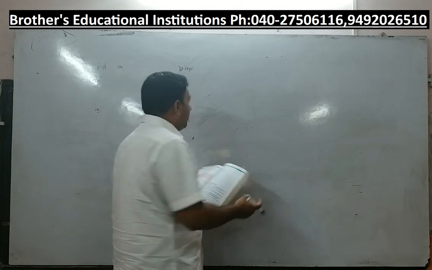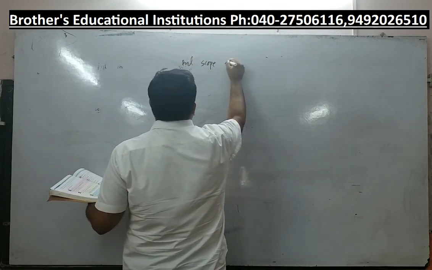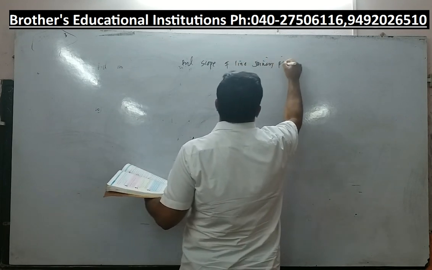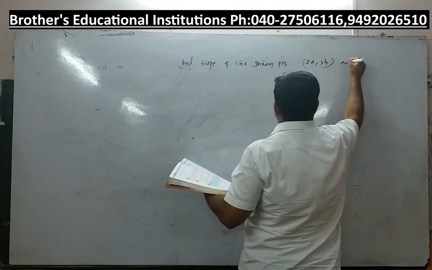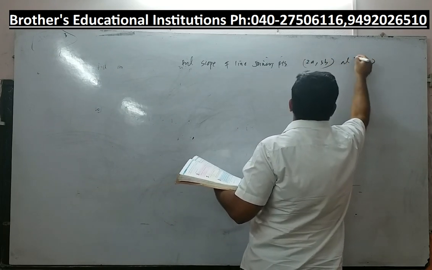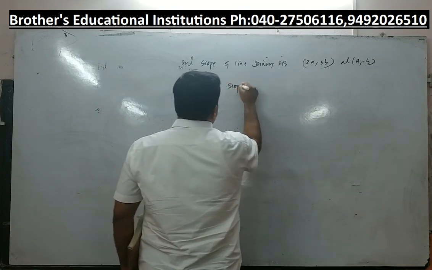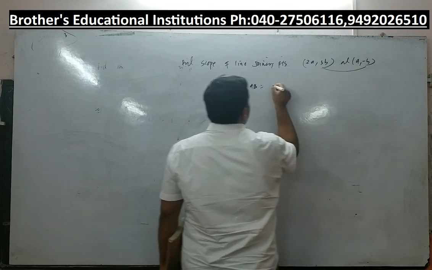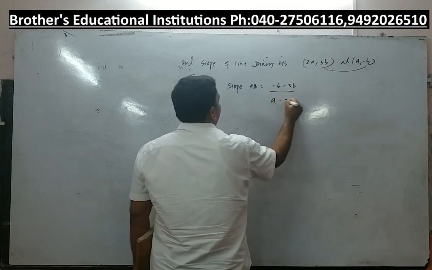Now take one more problem. Find the slope of line joining points (2a, 3b) and (a, minus b). For different values of a and b you have to find. How do you find? Slope of AB is equal to (y2 minus y1), minus b minus 3b, by (x2 minus x1), a minus 2a.